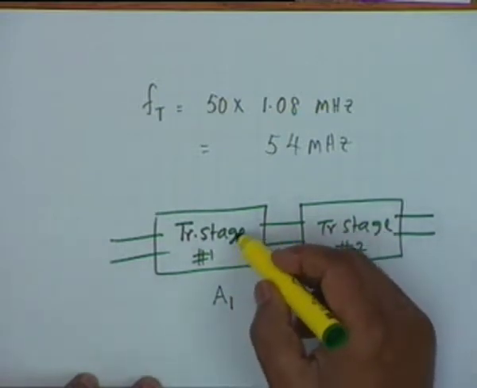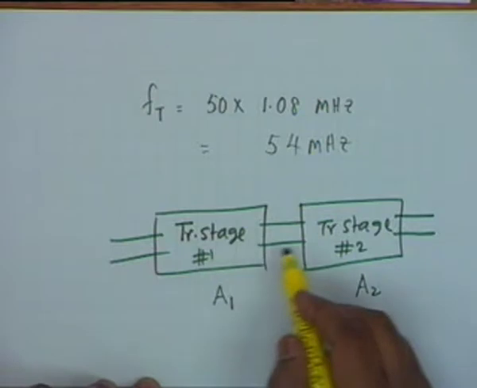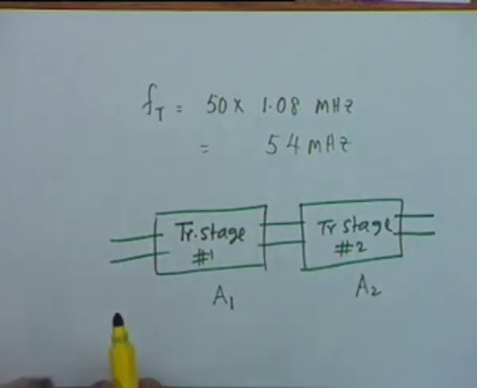In other words, if you consider the load of the first stage as the input of the second stage, then you shall be right in calculating A1 and A2.